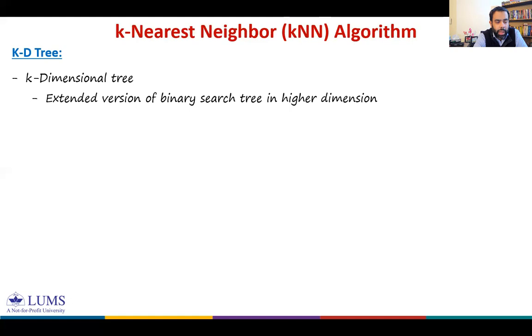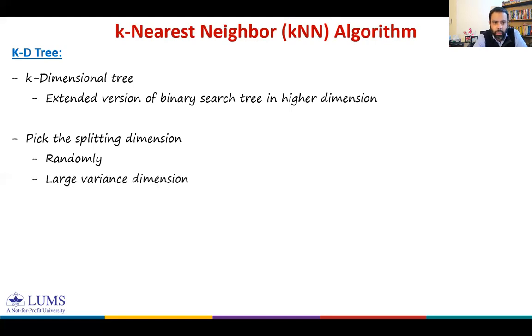But when we extend this to higher dimension, we need to define the dimension along which we should be splitting our data. We will use the same concept. We will split data into two halves at every tree level, but we will have to pick a dimension along which we should carry out splitting. And we split this dimension usually randomly, but there are some variants in which they propose to use the large variance dimension for splitting of the data.